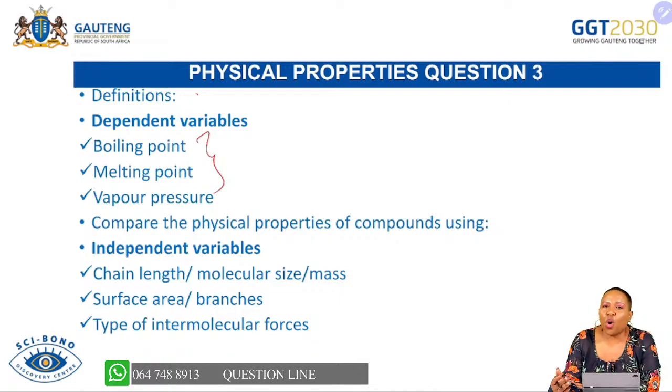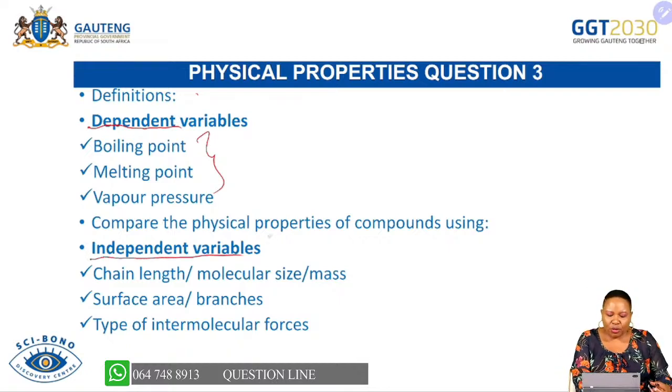Immediately when you see those verbs, it means those are your dependent variables. It means they will depend on your independent variables, meaning that when we compare the physical properties, we will look at the independent variables that will affect our dependent variables.